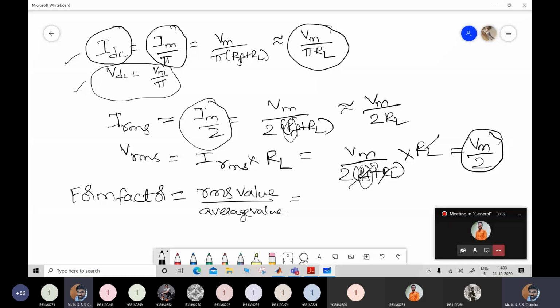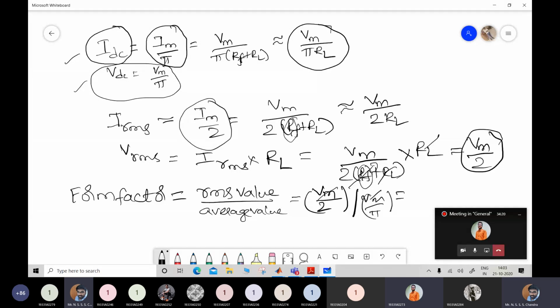I'll give you a minute to calculate. It's very simple. You already have the RMS value. RMS value is Vm by 2. Average value is also given, Vm by pi. So the form factor is Vm by 2 divided by Vm by pi.